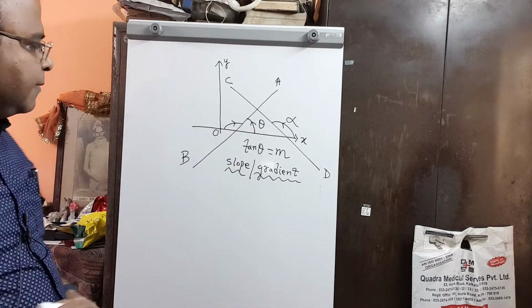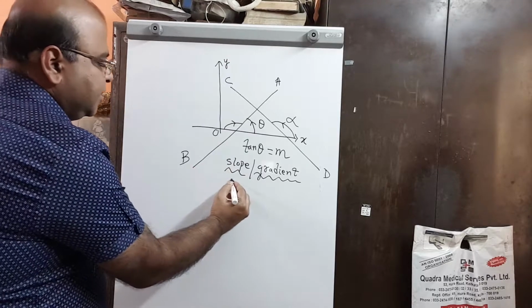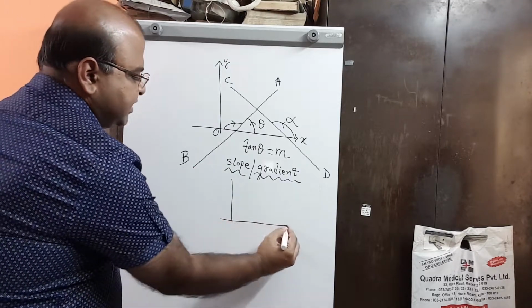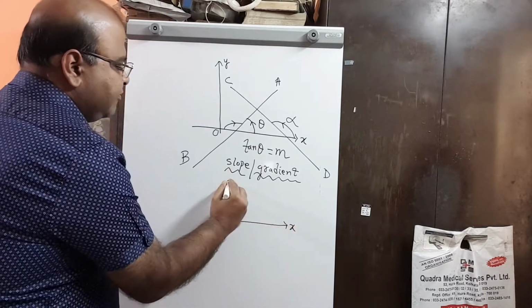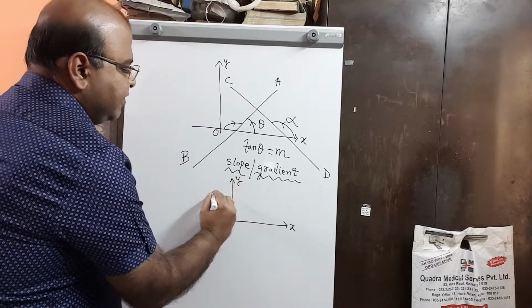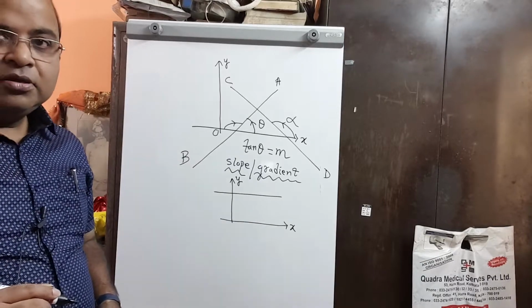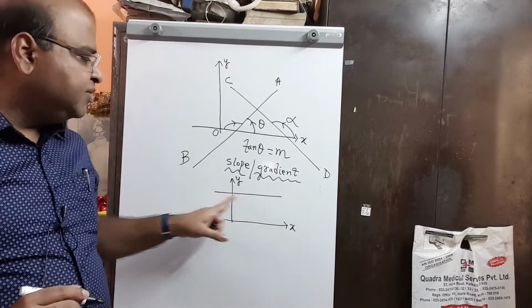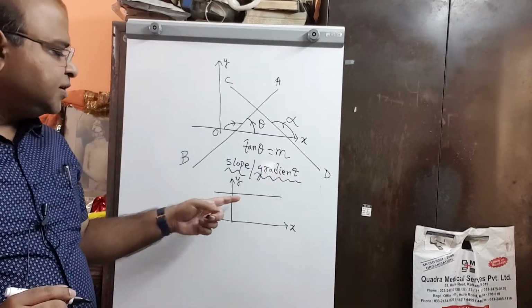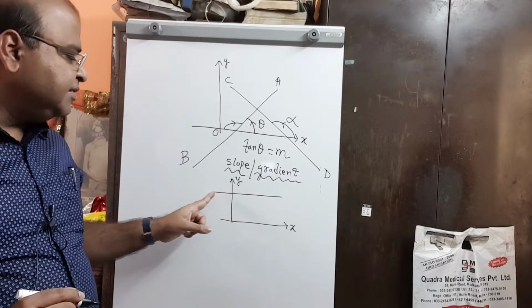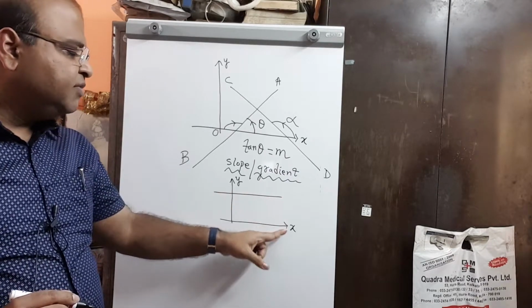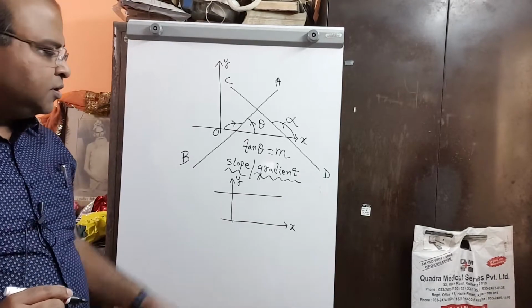Now for example, if I consider a straight line parallel to the x-axis, say this is the x-axis and y-axis, and here we have a straight line parallel to the x-axis. If we are to determine the slope of this line, first we have to find the angle of inclination of the line with the x-axis.